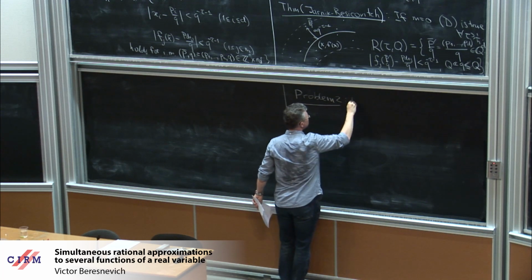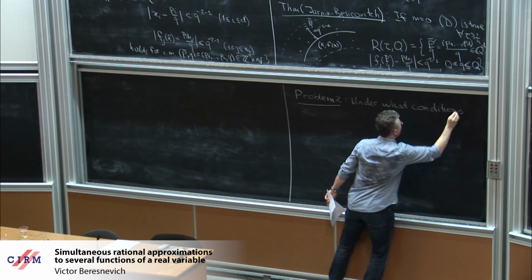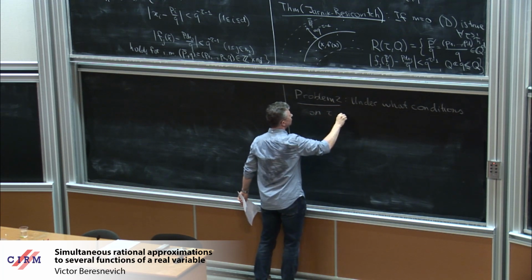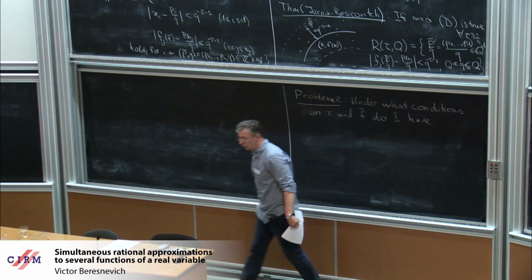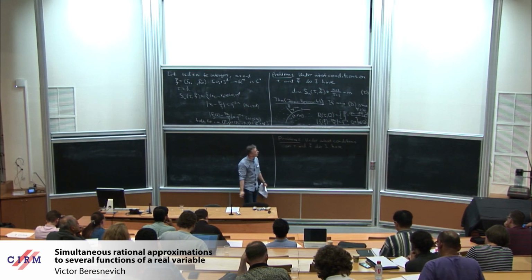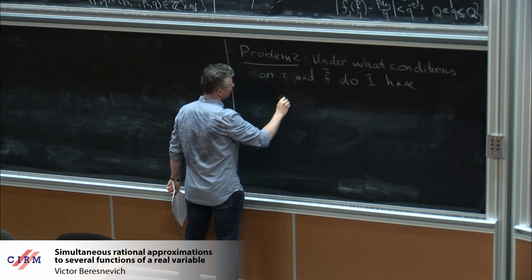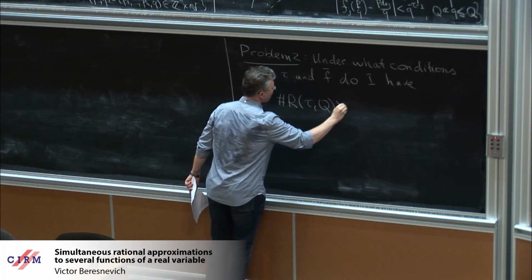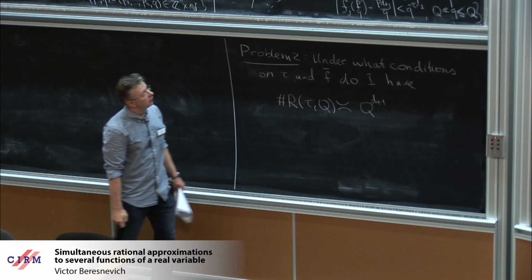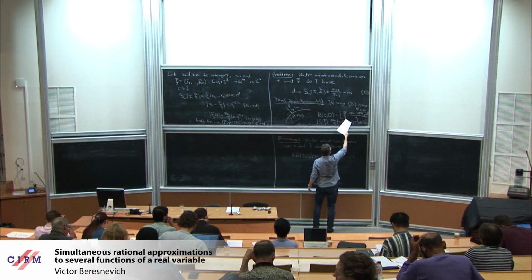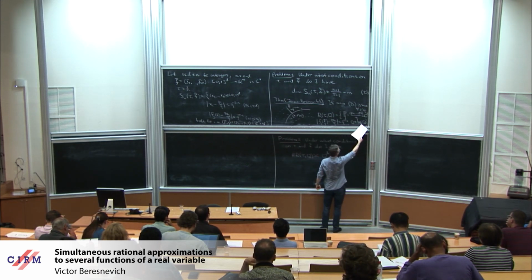So my problem 2 is under what conditions on tau and f do I have, and what I'm asking about is really what I get, using the volume argument, as the heuristic, and that's going to be the total number of rational points in the d-dimensional cube with this height restriction.